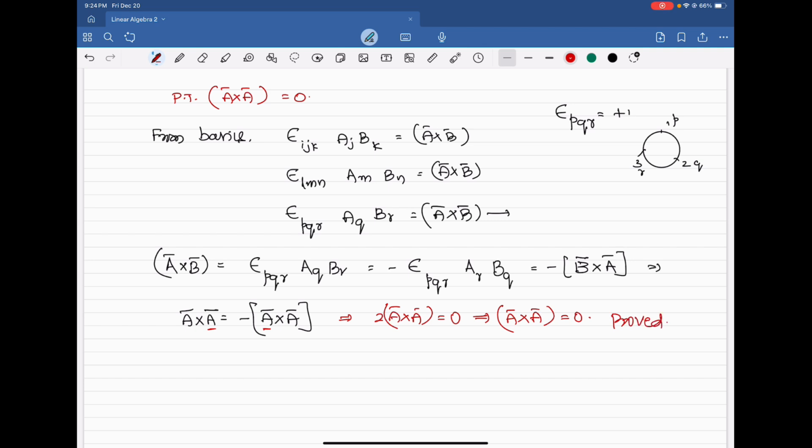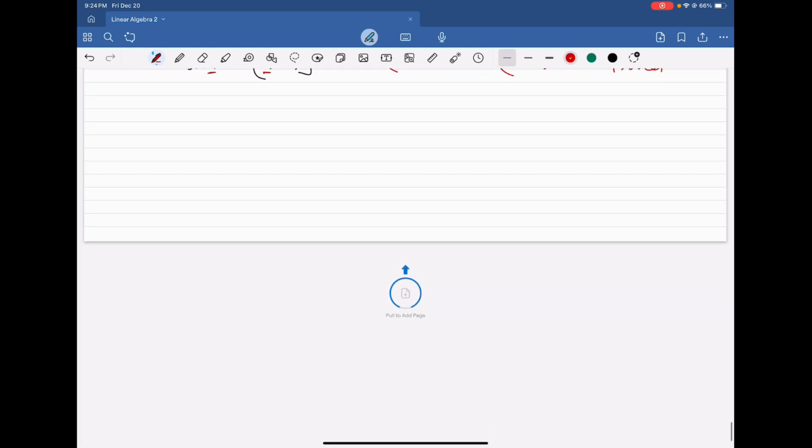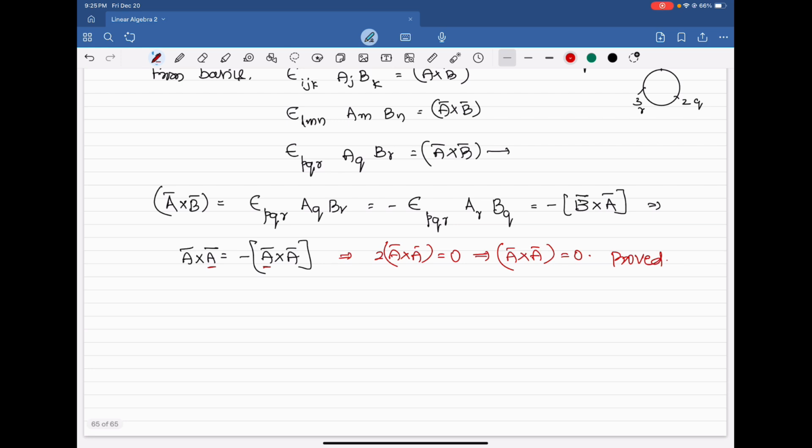Now, in the next class, we will try to prove the previous problem. In addition to that, let us try this. Prove that. These are all simple proofs. We can do bigger proofs in the following one or two classes.